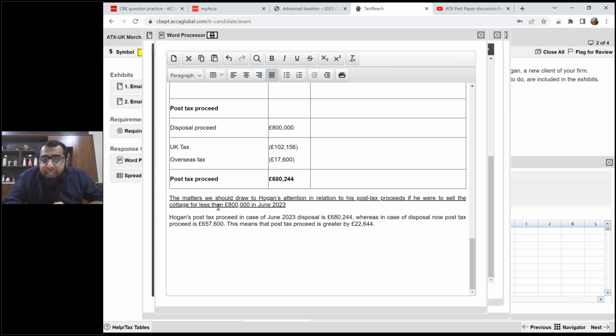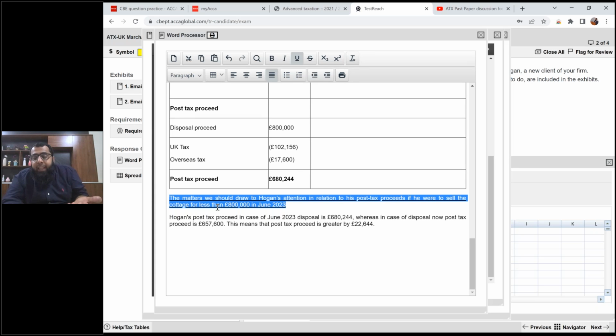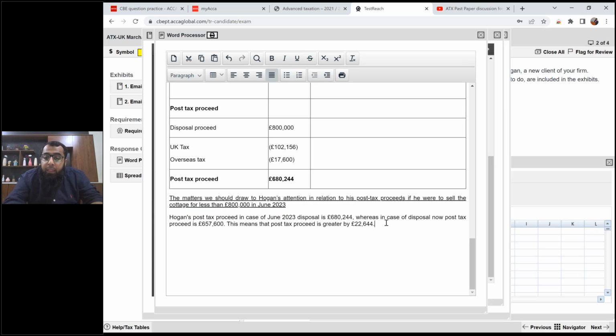Now, what if he sells the cottage for less than 800,000 pounds? What would have happened? This post-tax proceed has been taxed at 28% in UK.